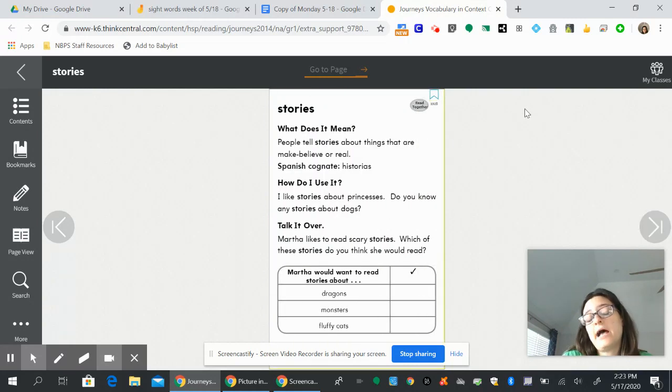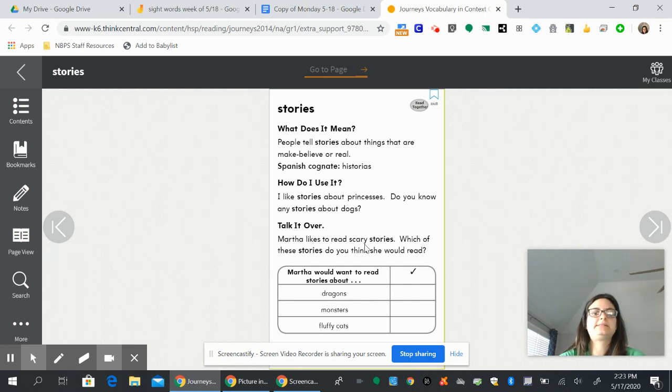And people, you can tell a story, right? So it says people tell stories about things that are make-believe or real, so fiction or nonfiction. And it says here, Martha likes to read scary stories. Which of these stories do you think she would read?